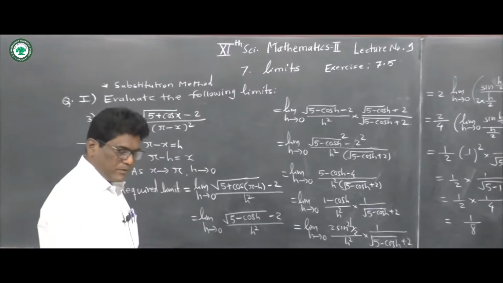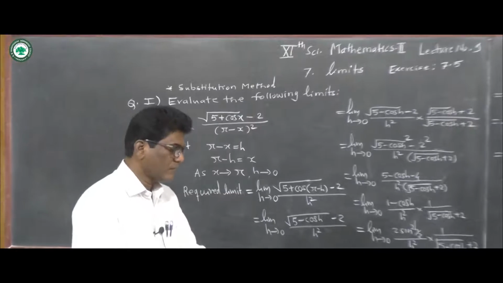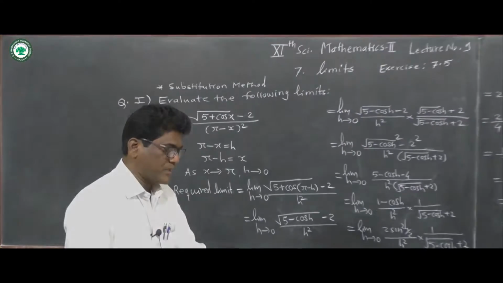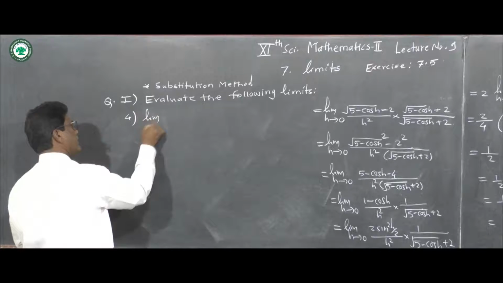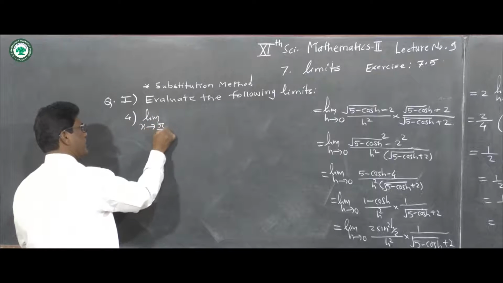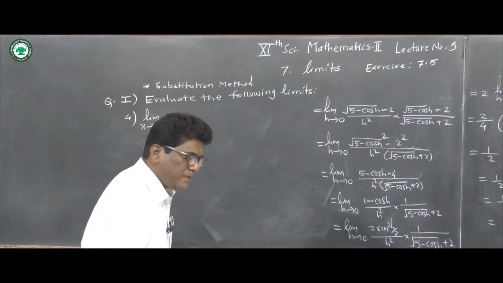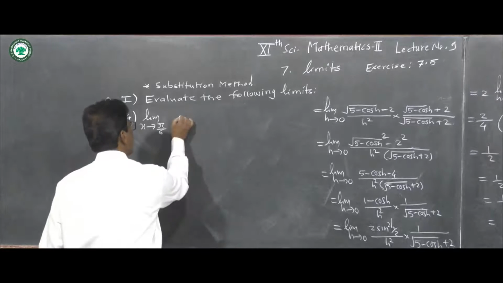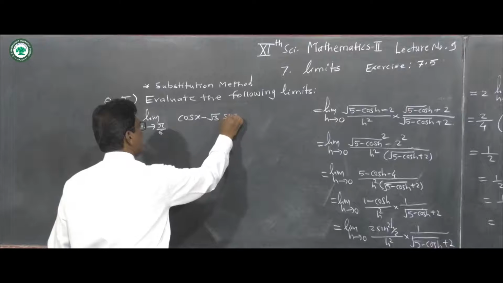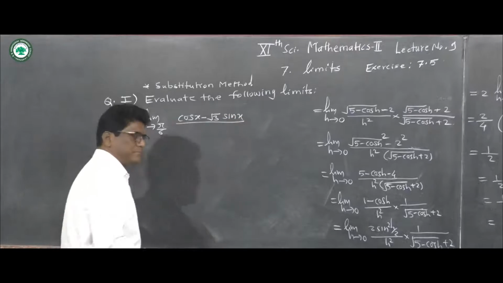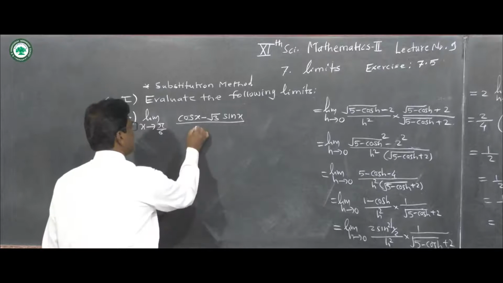Now next problem, the fourth problem. Limit x tends to pi by 6, (cos x minus root 3 sin x) divided by (pi minus 6x).